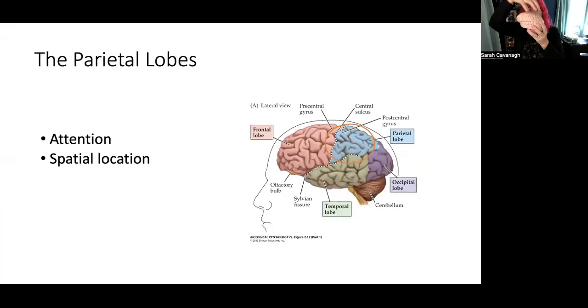Above the temporal lobes, but behind the front, we have the parietal lobes. And these are regions involved in attention and spatial location. So figuring out where things are in space and directing your attention to them.